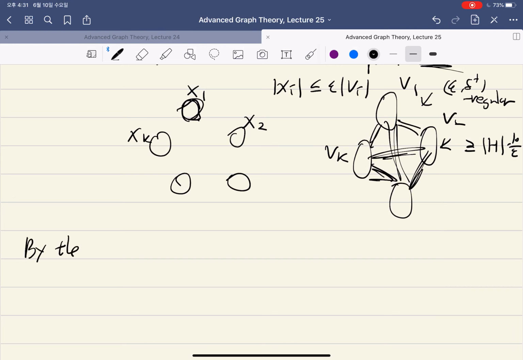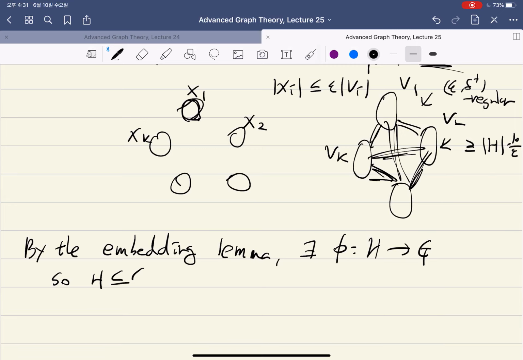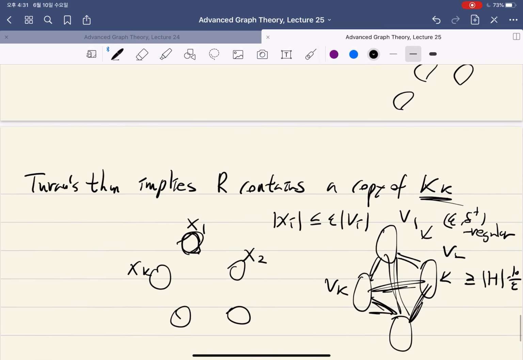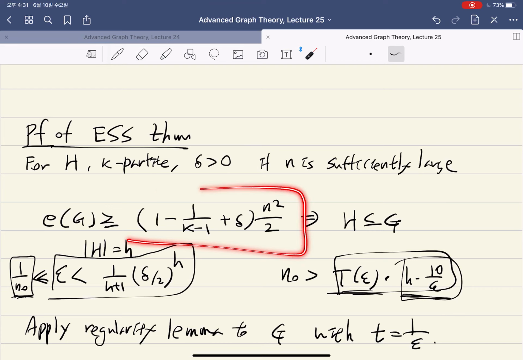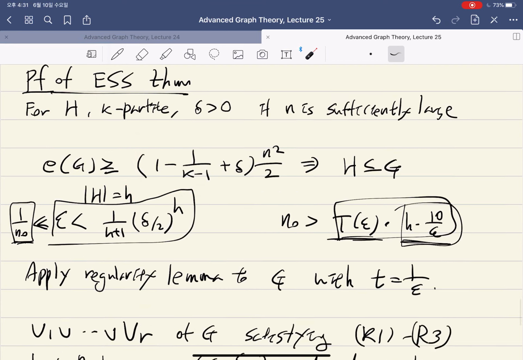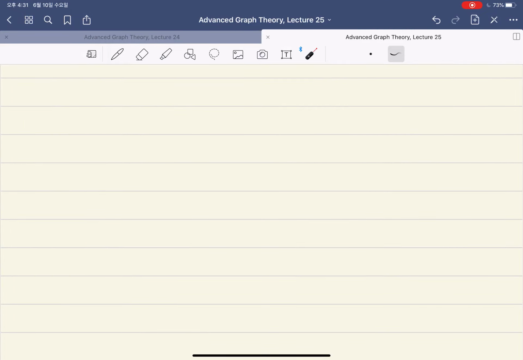So by the embedding lemma, we can find the embedding of H into G. So H is a subgraph of G. So this proves that we have the upper bound on the extremal number of H, which shows the Erdős–Stone–Simonovits theorem.